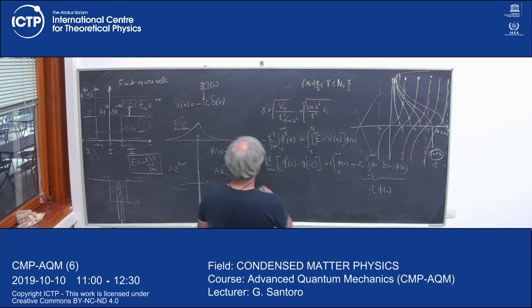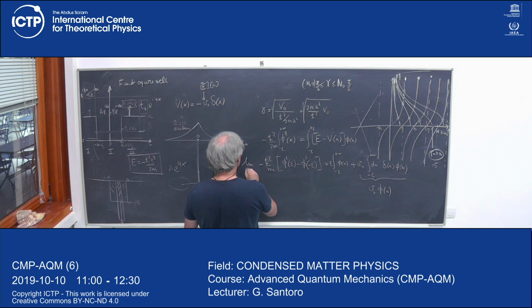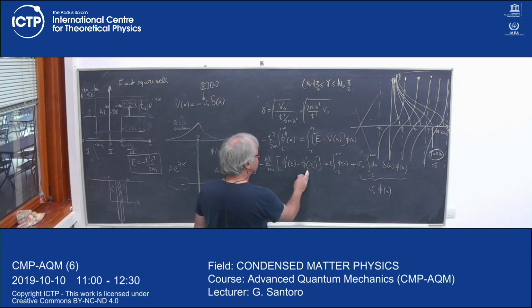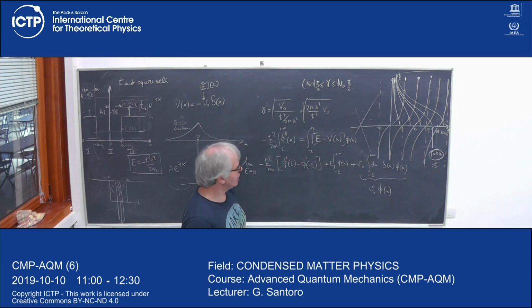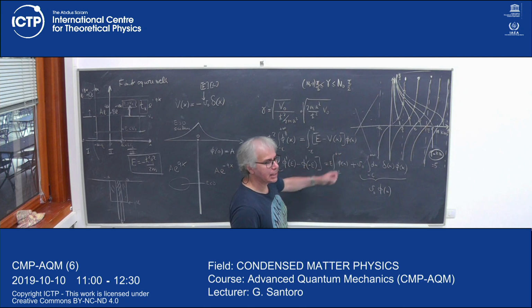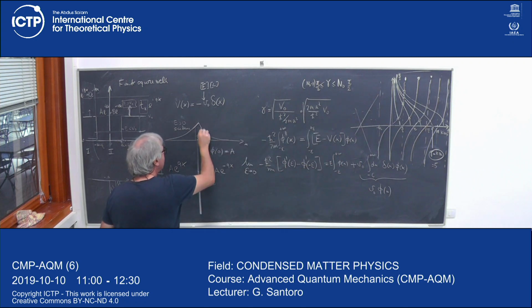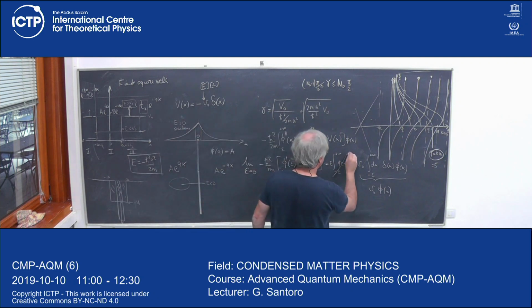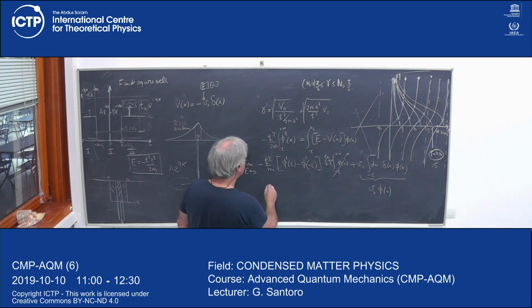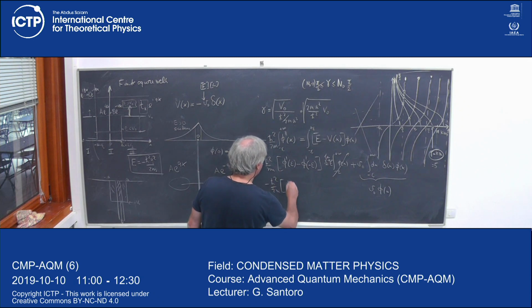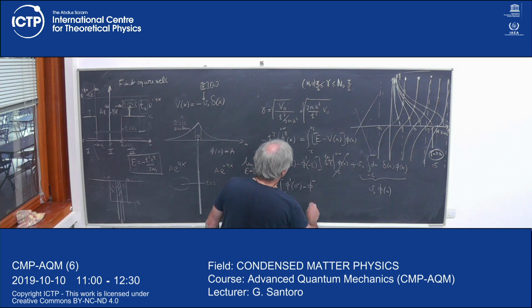Very good. Now take the limit epsilon going to 0 of this and of this. Okay? How much is this? Is the integral of this little thing when you shrink the thing to 0. So this goes to 0 in the limit epsilon goes to 0. And this is what? Is minus h bar square over 2m. The derivative calculated in 0 plus minus the derivative calculated in 0 minus.